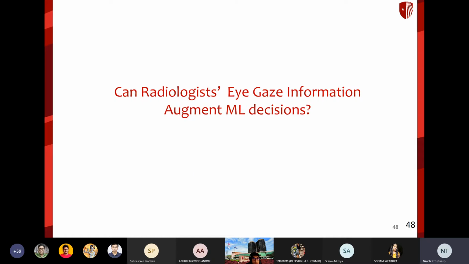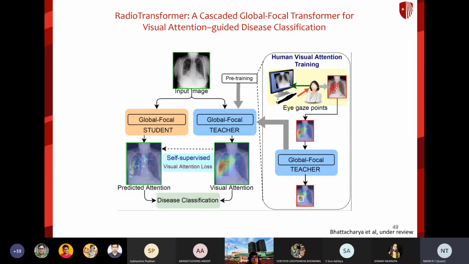So this is something that we did very recently. This is under review right now. What we call this here is human visual attention training. So we get the eye gaze points using a gaze tracker. And then we have a teacher model, a global focal teacher model, that learns how these radiologists look at these images.